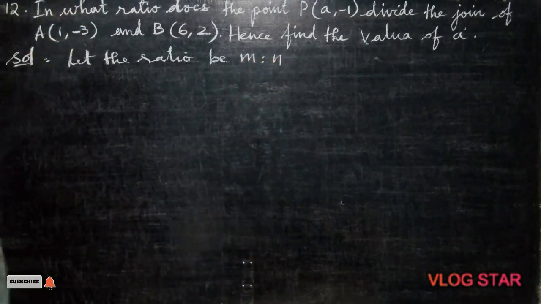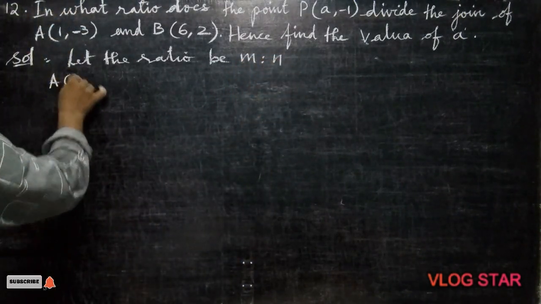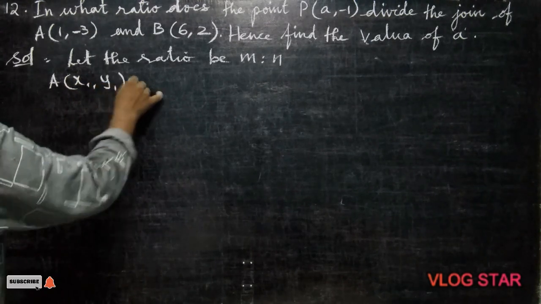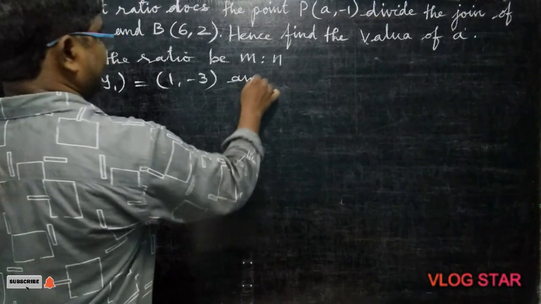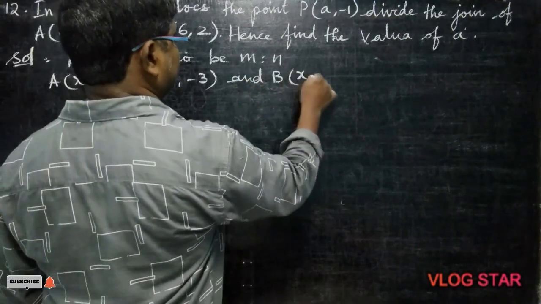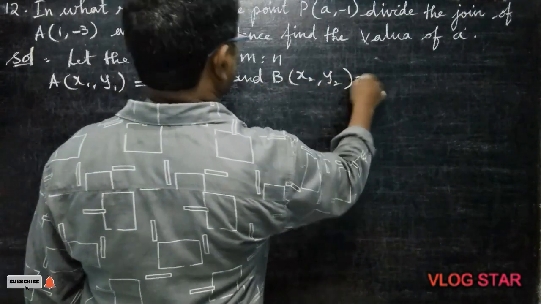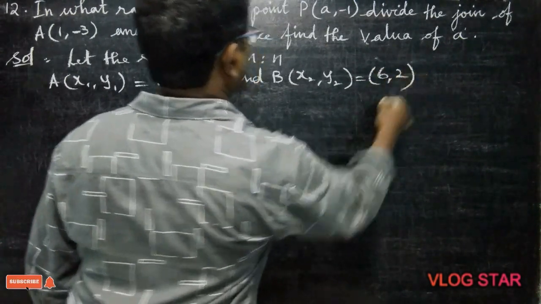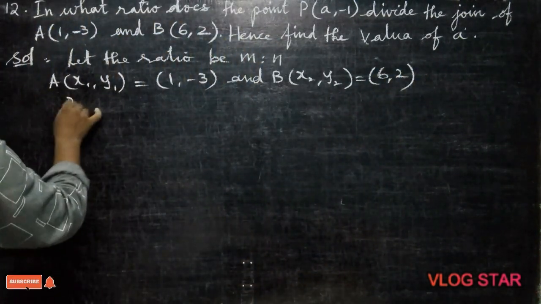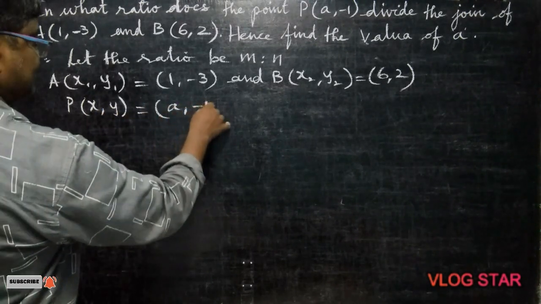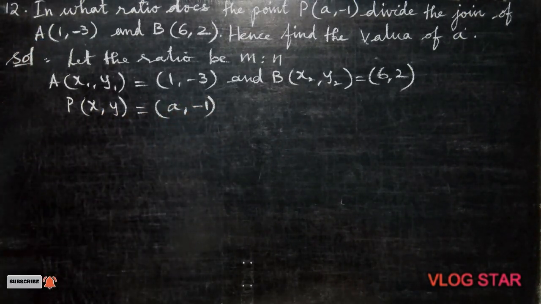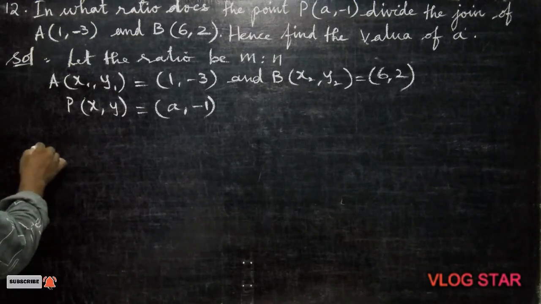So A they have given (x1, y1) is equal to (1, -3) and B they have given (x2, y2) is equal to (6, 2) and they have given P(x, y) is equal to (a, -1).